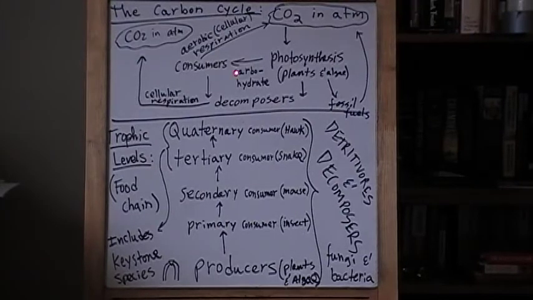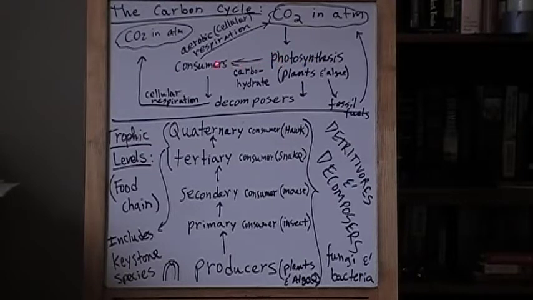Okay, next in chapter 37, we have the carbon cycle. So the carbon cycle, you have the reservoir of CO2 gas in the atmosphere. That is, part of it is absorbed by the photosynthesis by plants and algae.